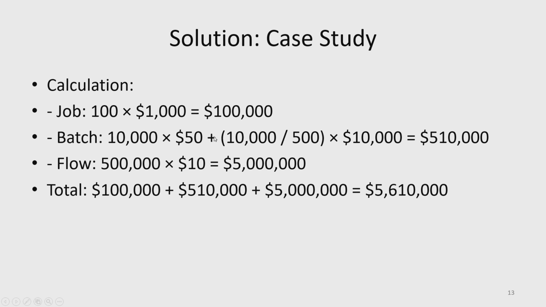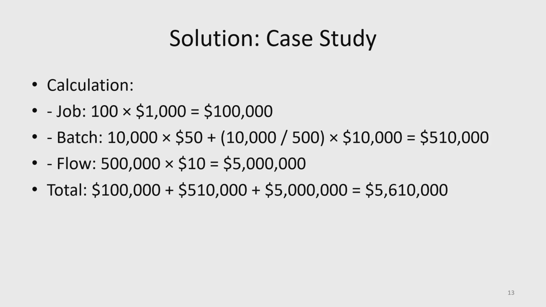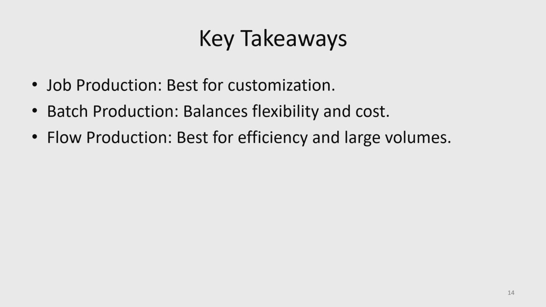So 10,000 into $50, so total comes like that. In flow production, it is 5 lakh units per year, that means 500,000 units per year, and if each one costs $10, then 500,000 into $10 becomes like this, and then you can make a total cost. Like that you can do the cost estimation.